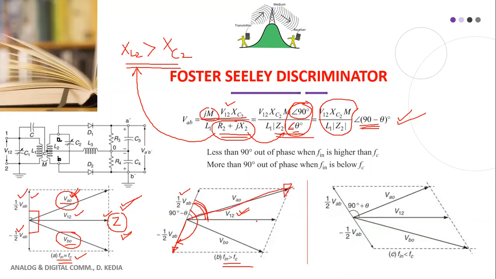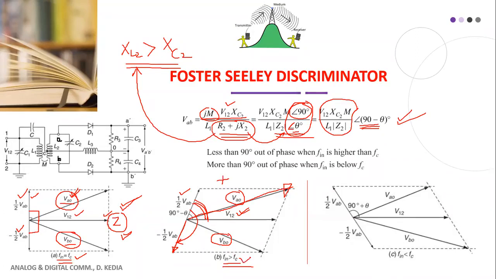And if you take the resultant of V12 and minus half VAB, the resultant will be this. You can clearly see that the resultant VAO is larger than VBO, so obviously the output in this case will be positive.